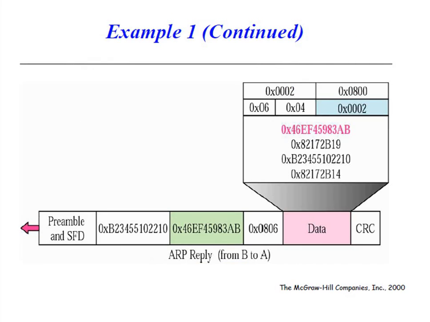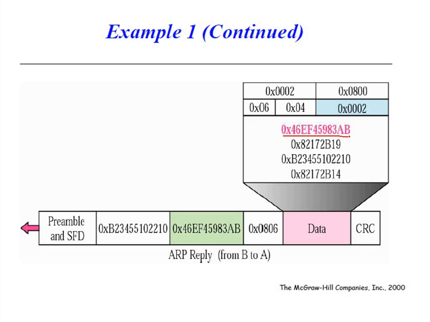Now next, when the request is received, what will happen? Now the address which was initially put in the ARP request, now this is a reply. So the reply is from the receiver. So now this will become the sender's address.